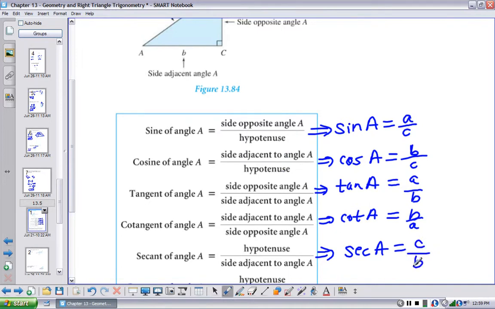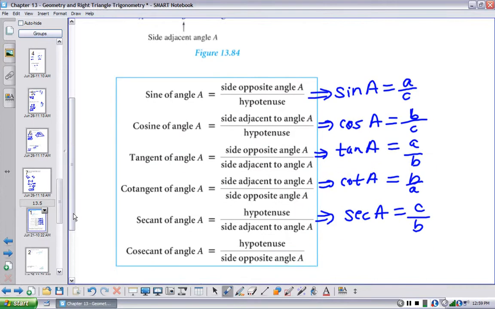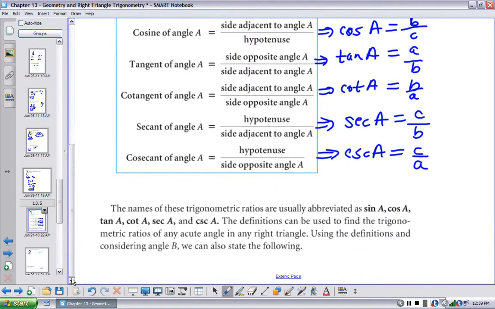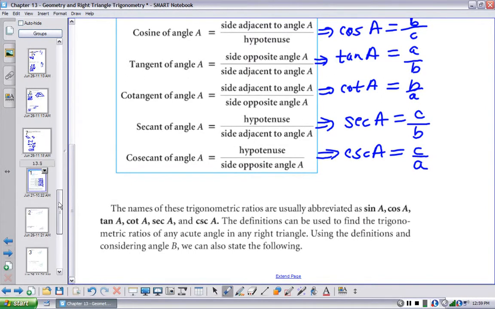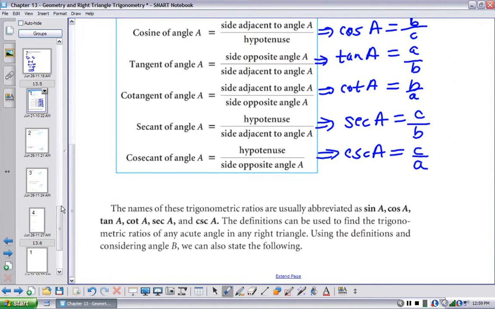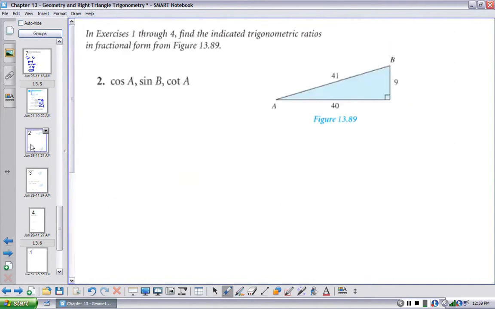And then the last one that we have is cosecant. It's abbreviated CSC A, and it is the reciprocal function of sine. It's hypotenuse over the opposite side, C over A. Okay? So we could definitely look at angle B or angle C to get those trigonometric ratios.